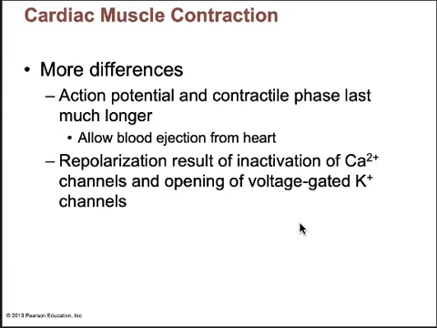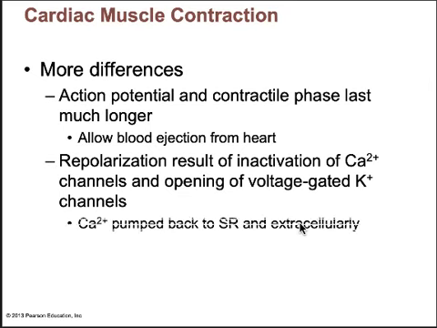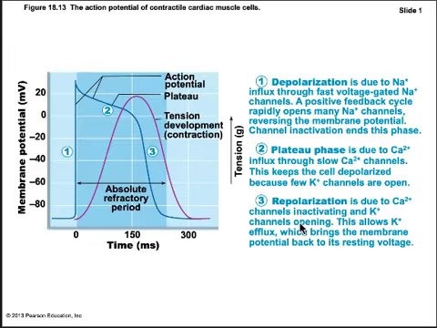Repolarization is the result of the inactivation of calcium channels and the opening of potassium channels. The calcium gets pumped into the sarcoplasmic reticulum using ATP as an energy source, as well as being ejected extracellularly. You can see here a comparison between the changes in membrane potential and the development of tension in cardiac muscle tissue.